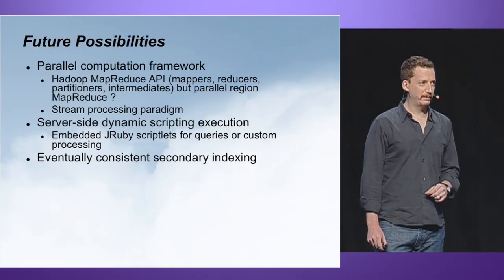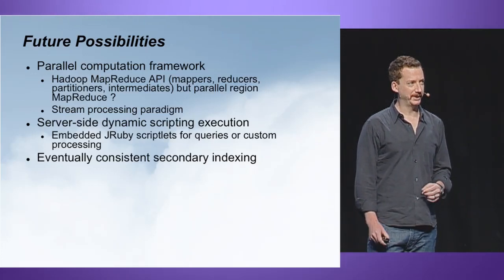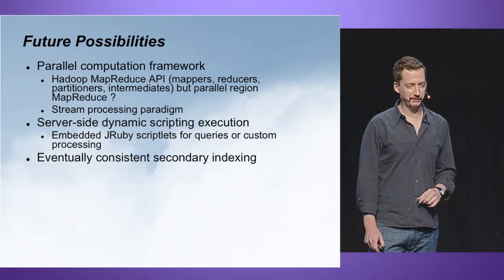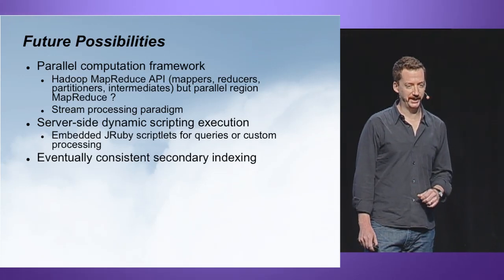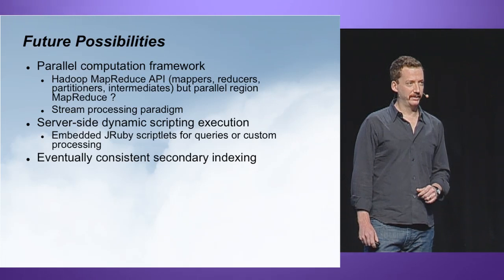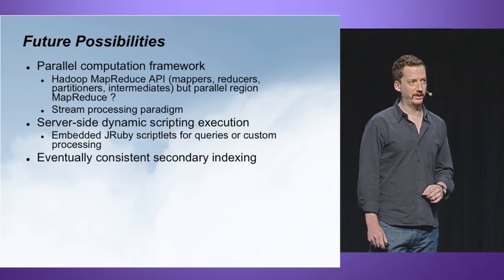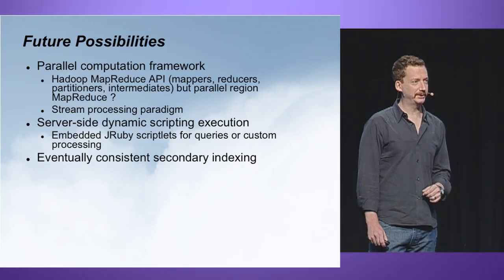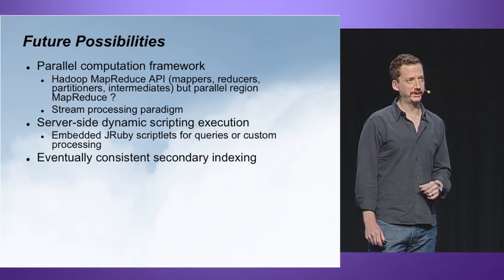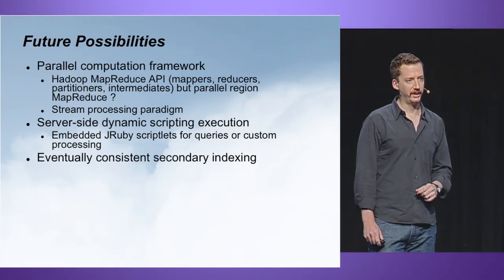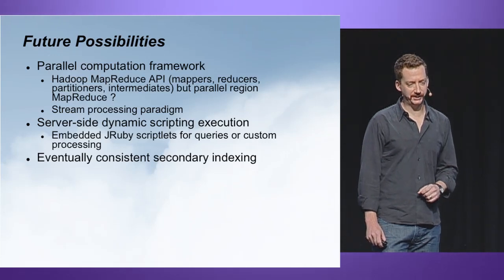The future of coprocessors, well, it really depends on how far your imagination goes. There's been talk of building a parallel computation framework based on coprocessors, either exposing the MapReduce API or some other parallel processing API.